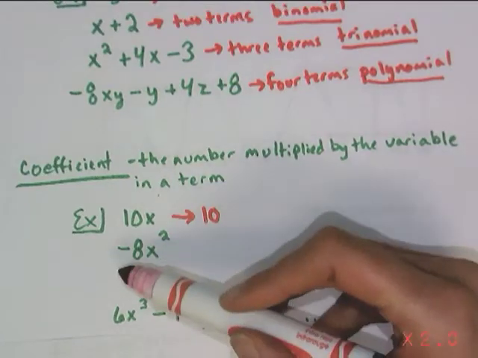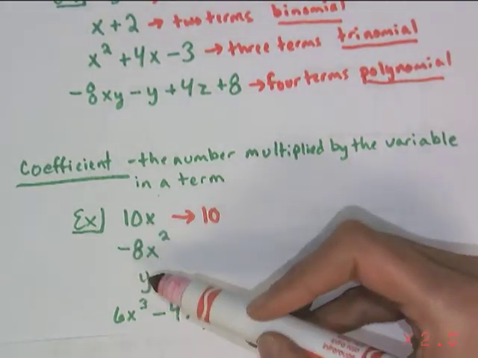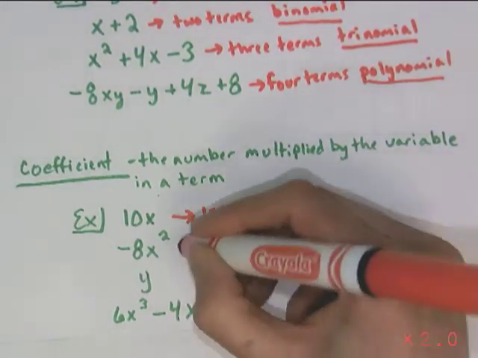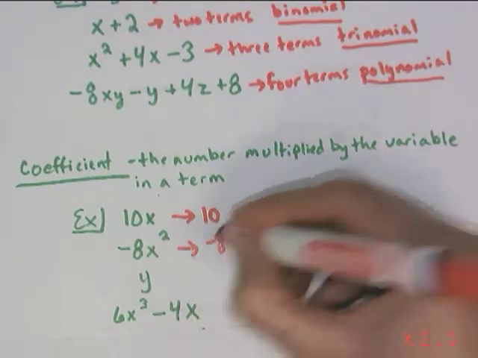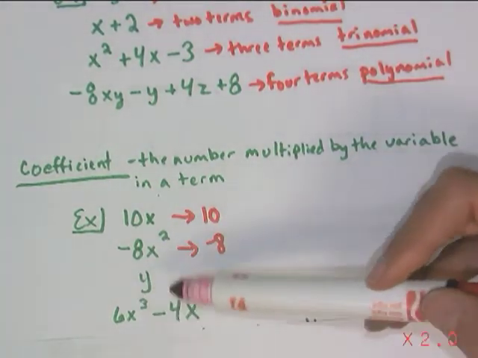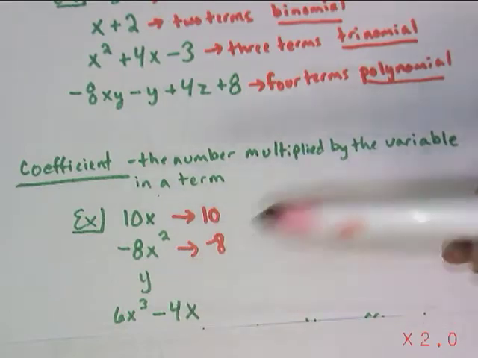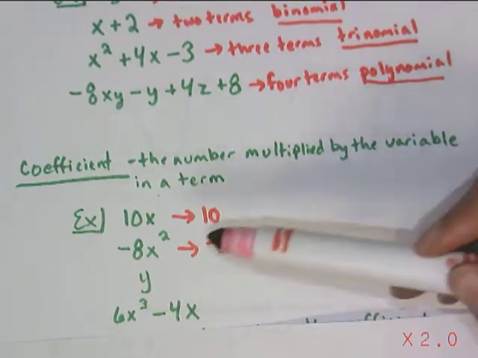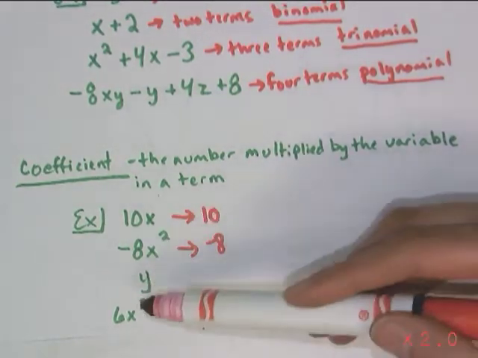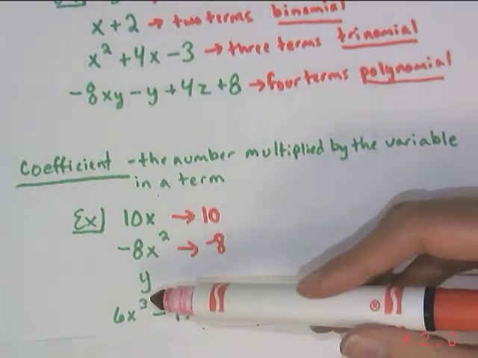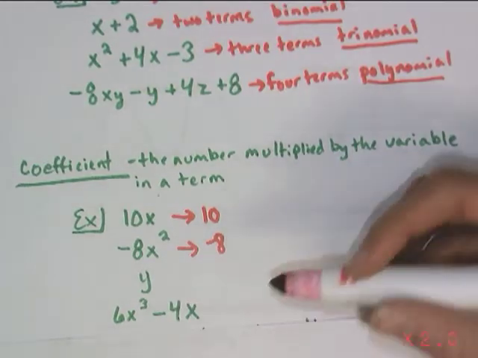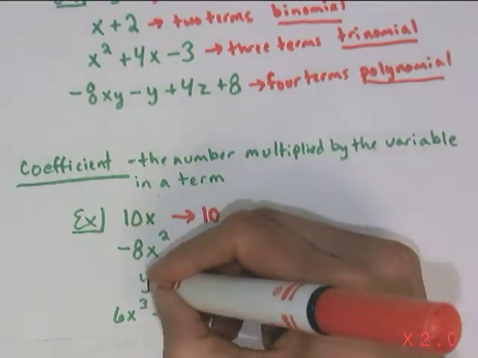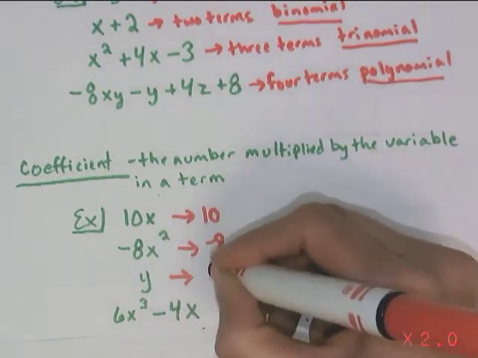If you look at the next one, we have another monomial, and its coefficient is a negative 8. This term is also a monomial, but we have to ask ourselves what number is being multiplied by the variable. And if there's nothing there, really we're going to treat this as 1. So the coefficient of this y is 1.